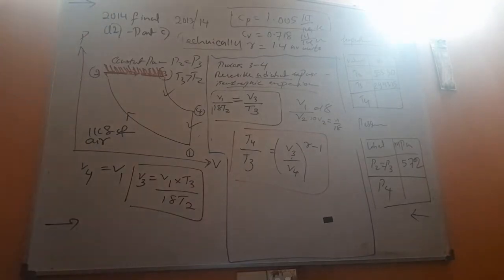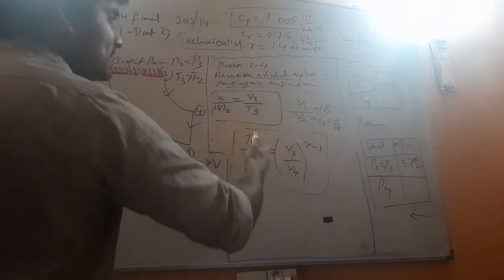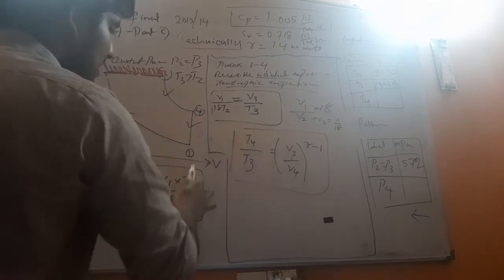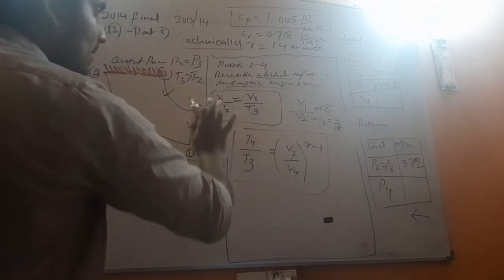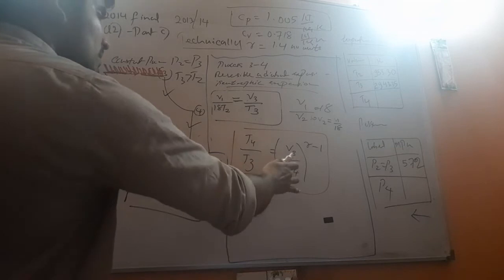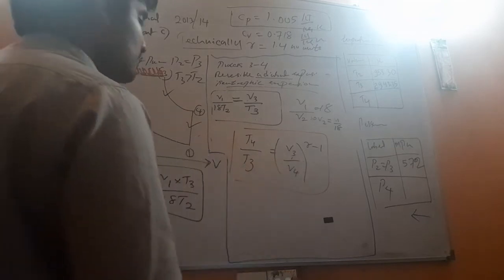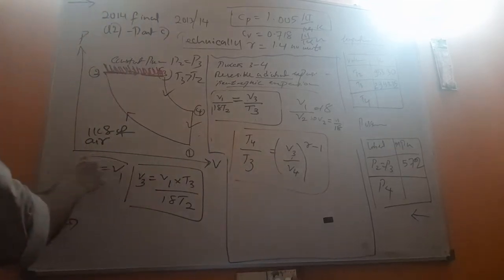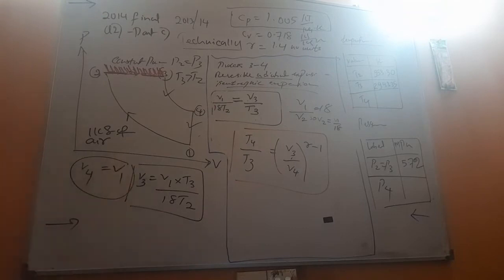Okay, is it clear? You can subject V3, V1 multiplied by T3 divided by 18 T2. And what is V4? V4 you know that is same as V1. Okay, so no problem.